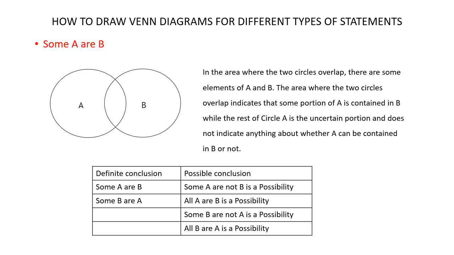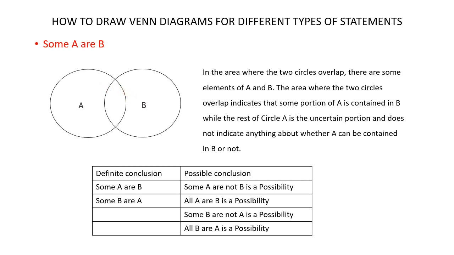Now let's move on to possible conclusions. Now as you can see in this Venn diagram, this portion of A is contained within B, but you do not know anything about this portion of A. This portion of A is the uncertain portion of A and does not indicate anything about whether this portion of A can be contained within B or not.